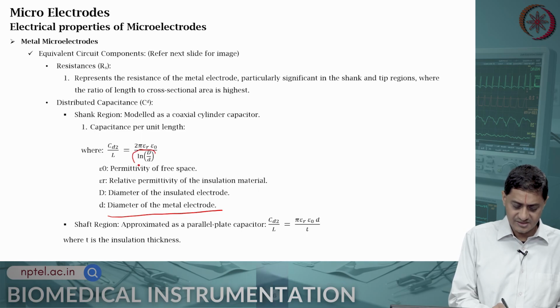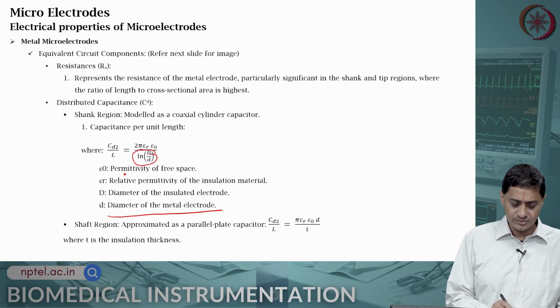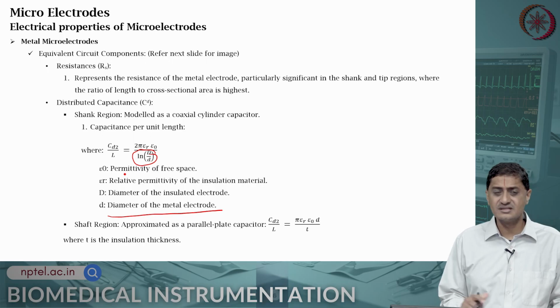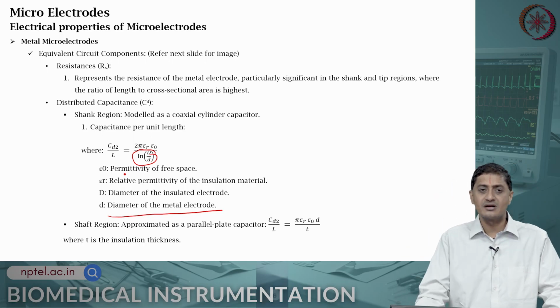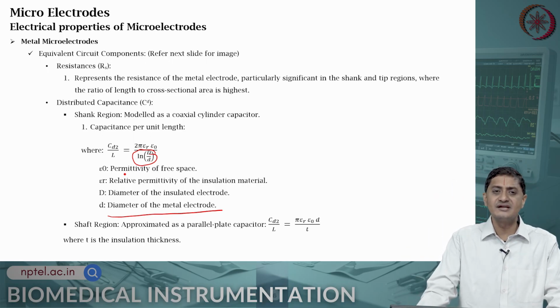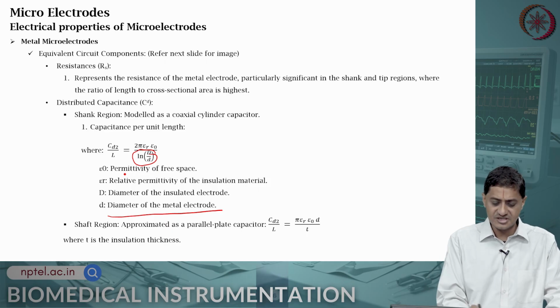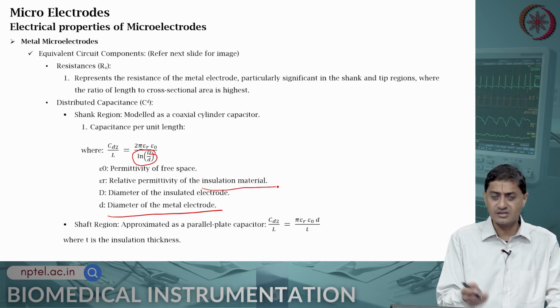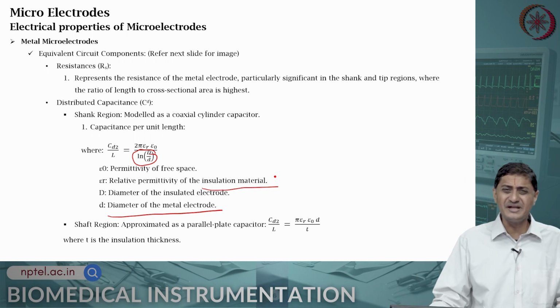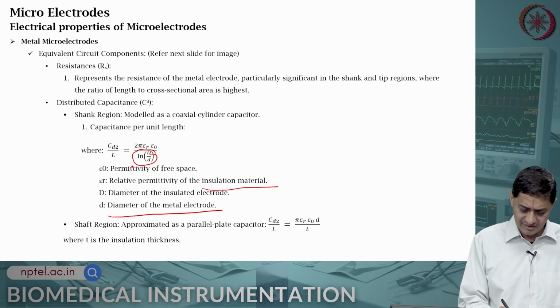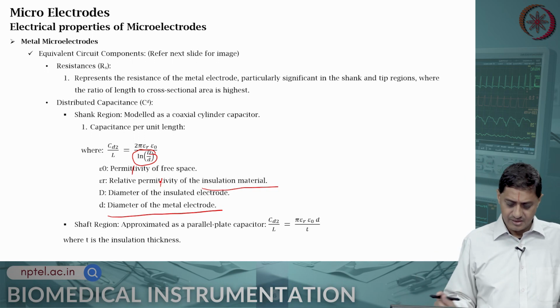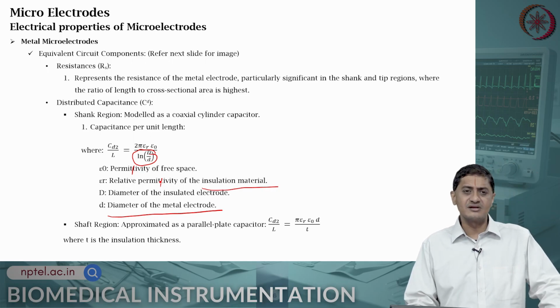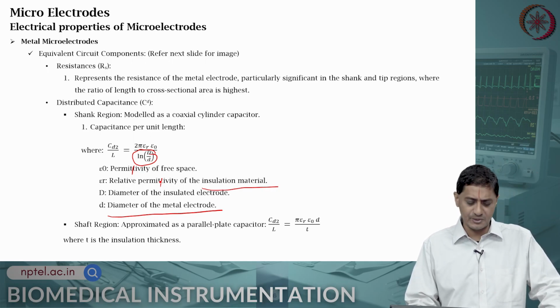Essentially, C_D by L is 2 pi epsilon r epsilon naught, where epsilon naught is the permittivity of free space, and epsilon r is the relative permittivity of the insulation material.